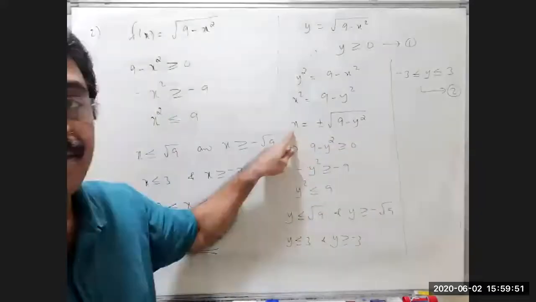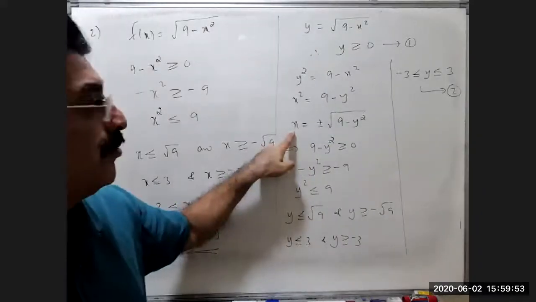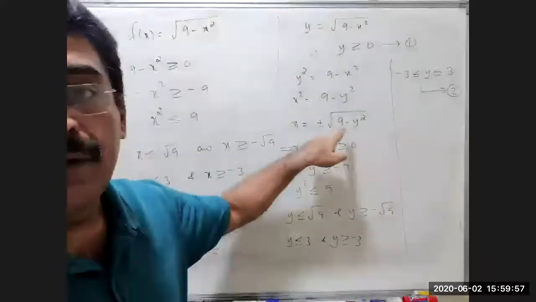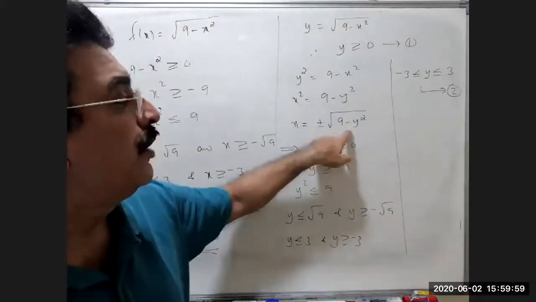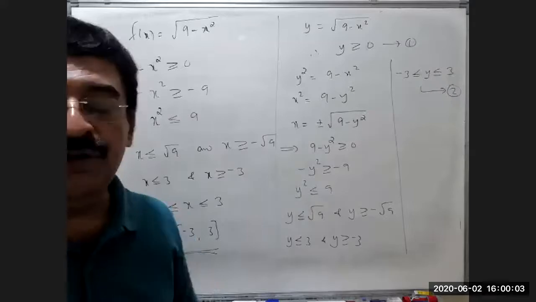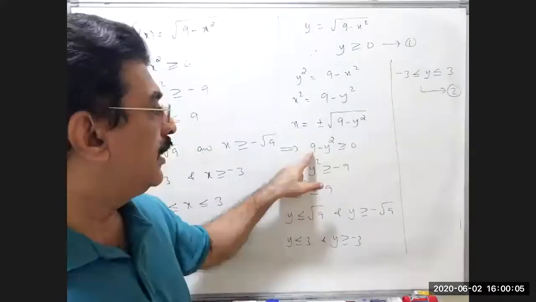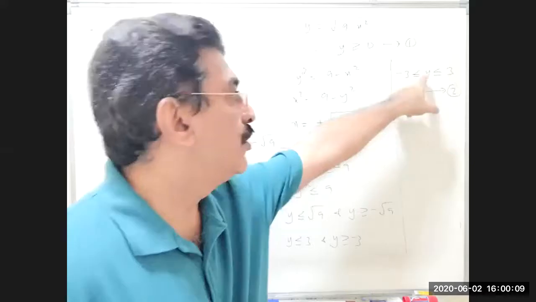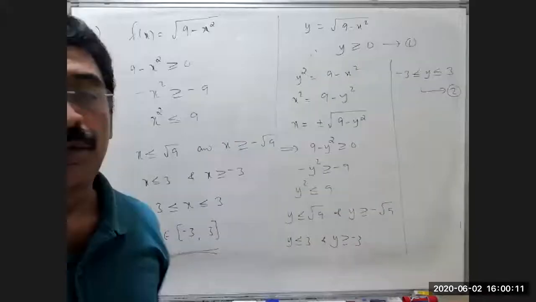This x is valid, it will be a real number, only if this one is greater than or equal to 0. That means this should be non-negative. This cannot be negative because the root of a negative number is not a real number. That is why 9 minus y square is greater than or equal to 0. From that, we got y belongs to the interval from minus 3 to 3.